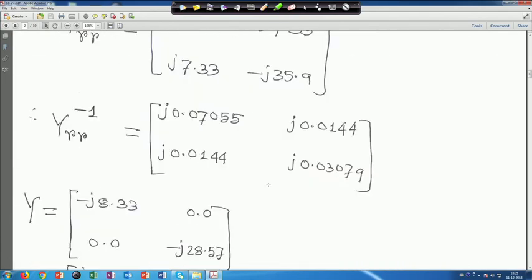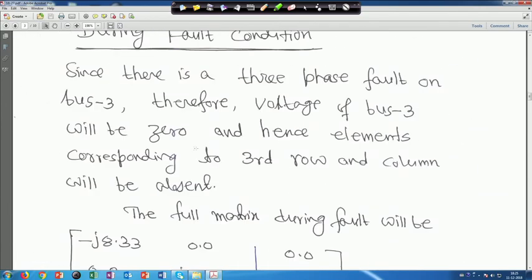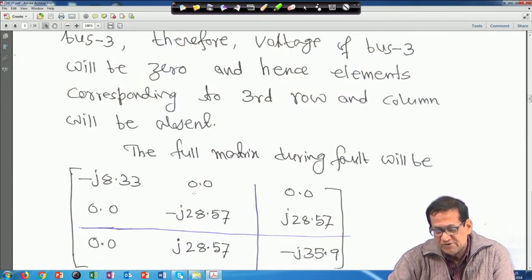Voltage of bus 3 will be 0 because the 3-phase fault occurred at the bus, hence the elements corresponding to the third row and third column will be 0.